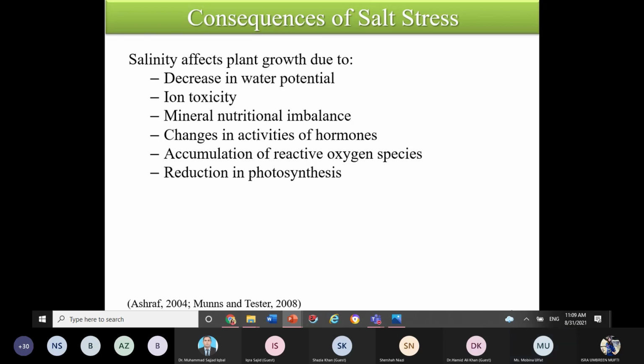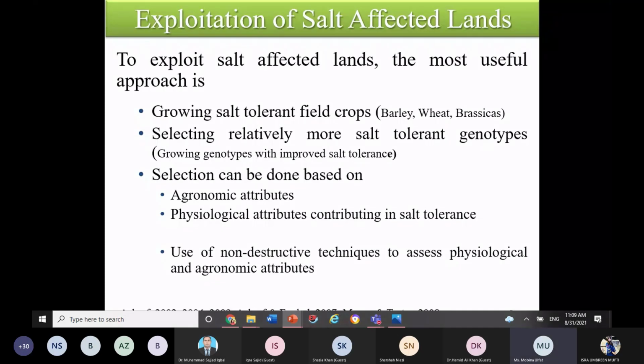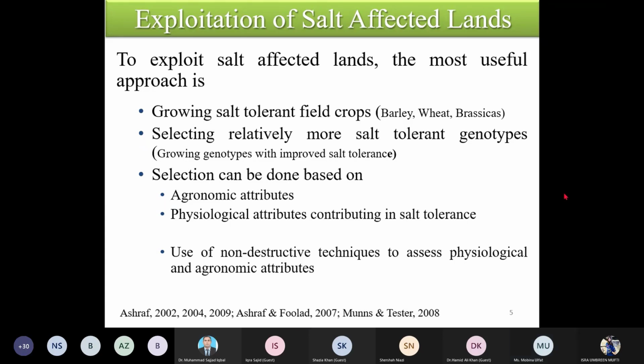Next slide, please. I have already discussed that different selection criteria are settled by different physiologists and agronomists, who consider certain traits to screen the available varieties, which will tell you the performance of certain species under saline conditions. For example, barley, wheat, and brassicas have certain genotypes which can be utilized.